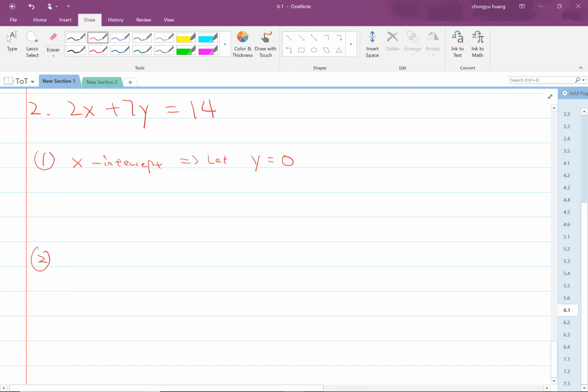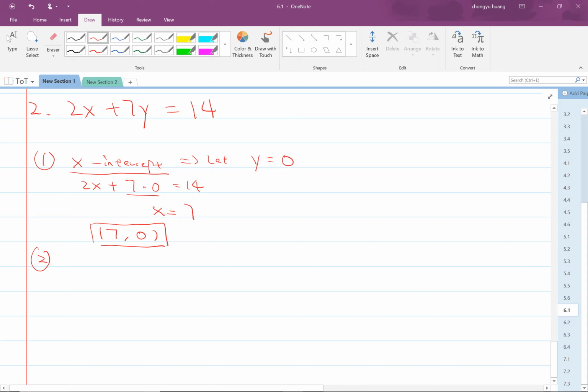So you plug in 2x plus 7 multiplied by 0 equal to 14. 7 multiplied by 0 is simply 0, so x is equal to 7. Now you have found the first point, which is (7, 0). That's the x coordinate.